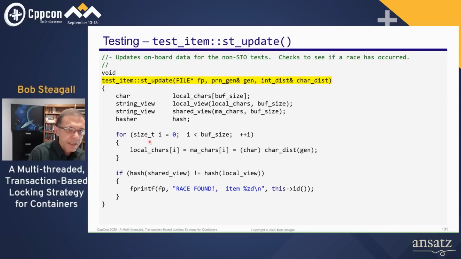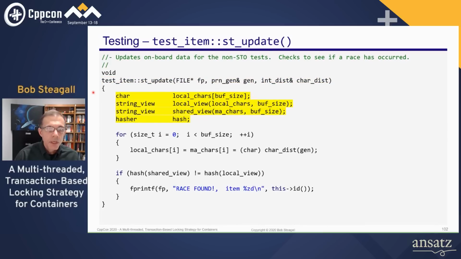So single-threaded update is a little bit simpler. Let's look at it first. When I do a single-threaded update, I'm going to create a local buffer of characters. And then for ease of use, and because I was playing around with string view, I'm going to create a string view that refers to my local buffer of characters, and a string view that refers to the character buffer that is member data of this item.